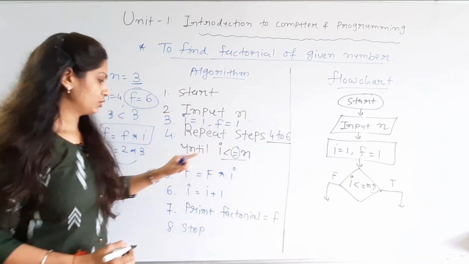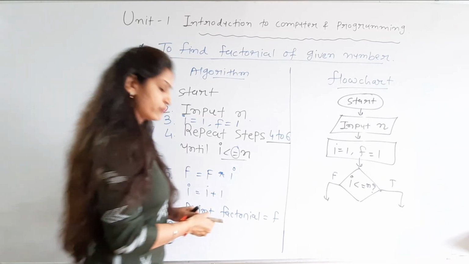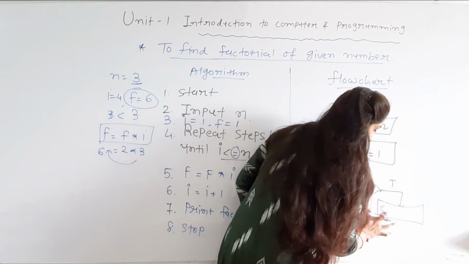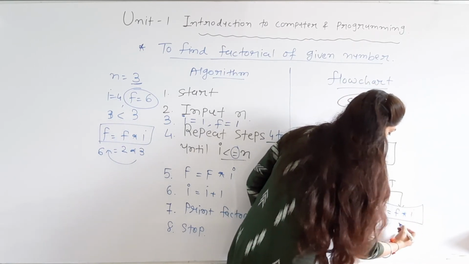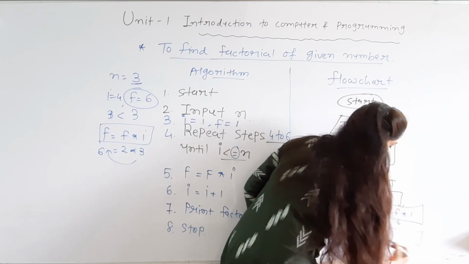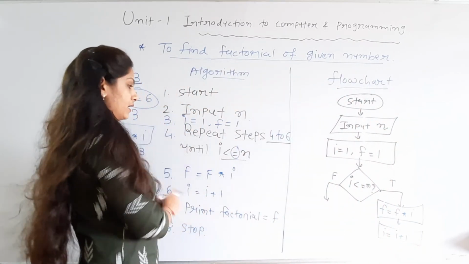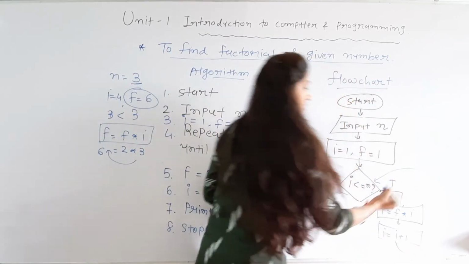If it is true, then 5 and 6 both are process, that is our formula. So write down, instead of sum, now we have to put f equals f into I, and then I equals I plus 1. And after completing, again jump to the third part, that is this condition.